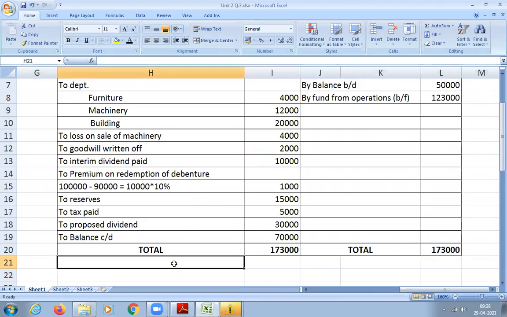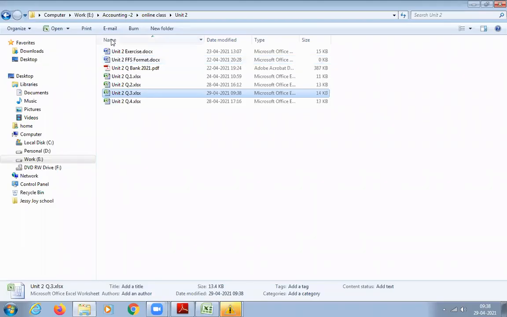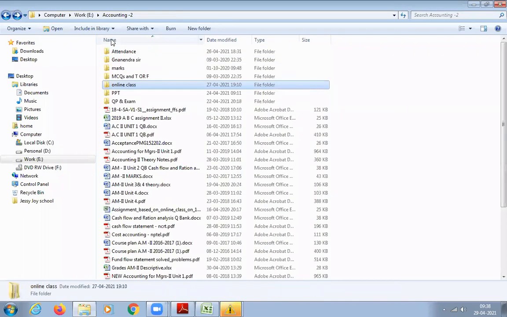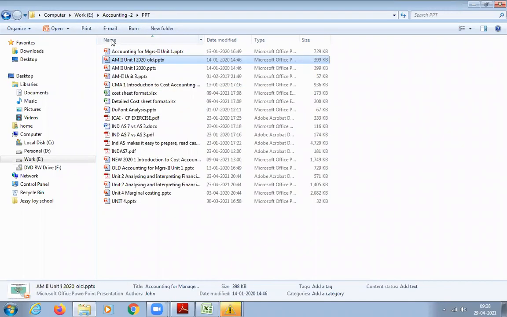Did you understand how to prepare the adjusted P&L account? This is actually the crux of the fund flow statement. Many will do the ledger correctly, they'll do the statement of changes in working capital correctly, but they make mistakes in calculating fund from operation. But it's very simple. The only thing you should understand is the format. Please go through this format again and again, whatever format I shared with you in the previous class.